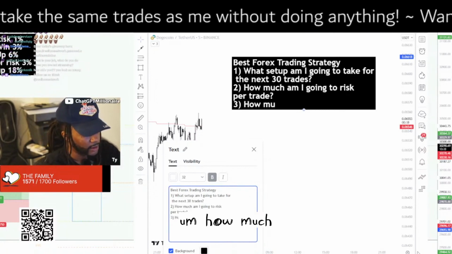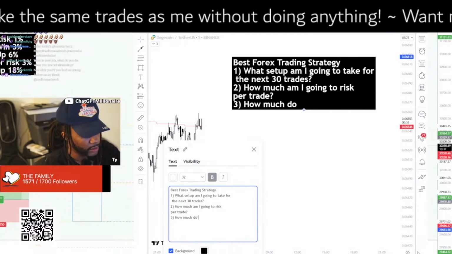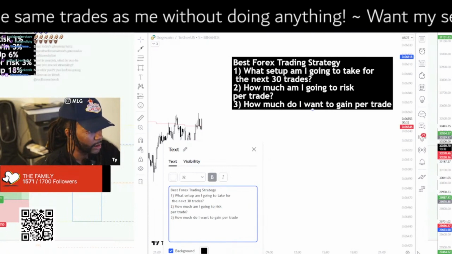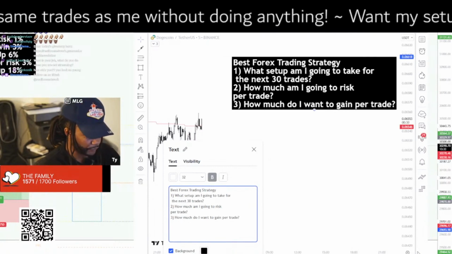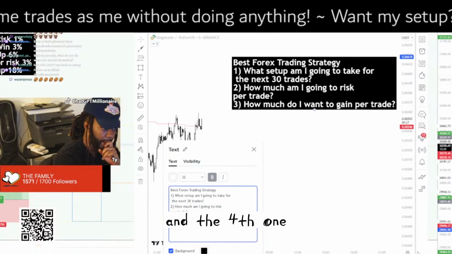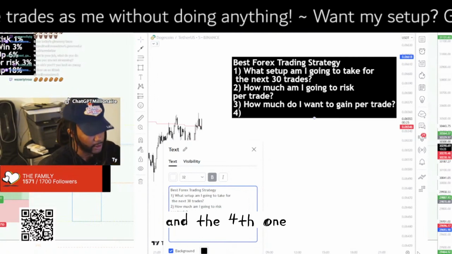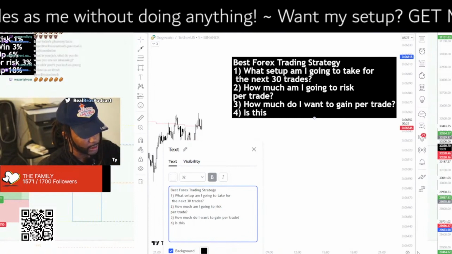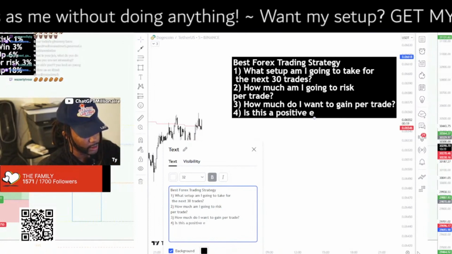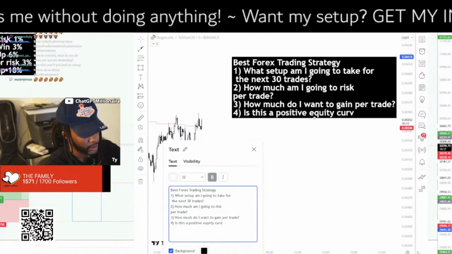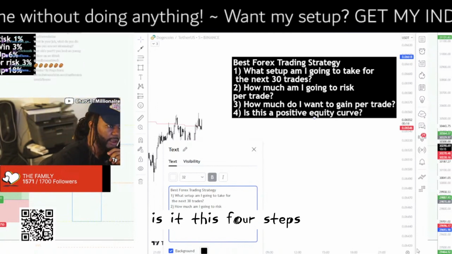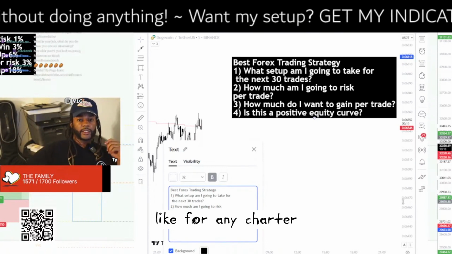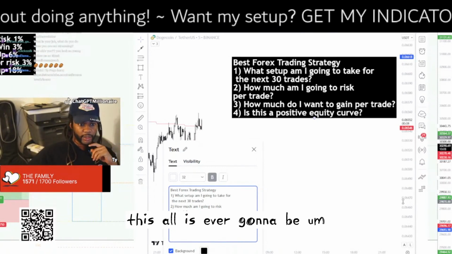How much do I want to gain per trade? And the fourth one, this is it. This is 4 steps. This is the best trading strategy in the world. Like, for any chart, anything you trade, and this is it. This is all it's ever gonna be.